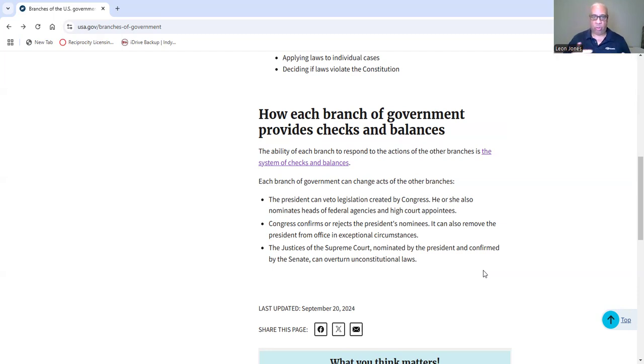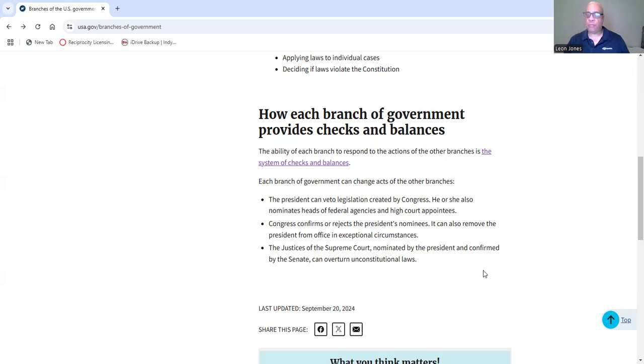He or she also nominates heads of federal agencies and high court appointees, and the Congress confirms or rejects the president's nominees. It can also remove the president from office in exceptional circumstances. And only the Senate can do that, not the House.